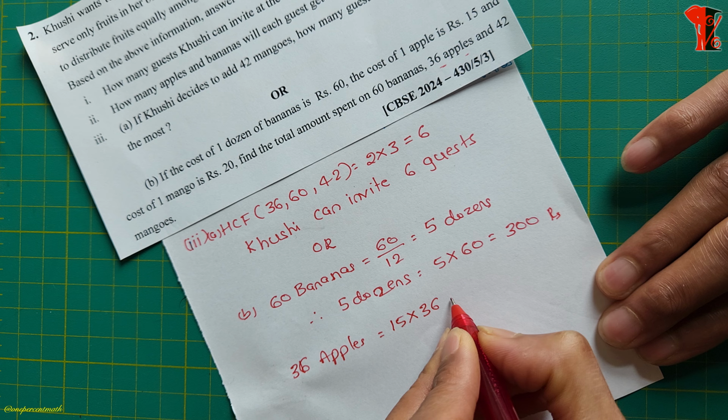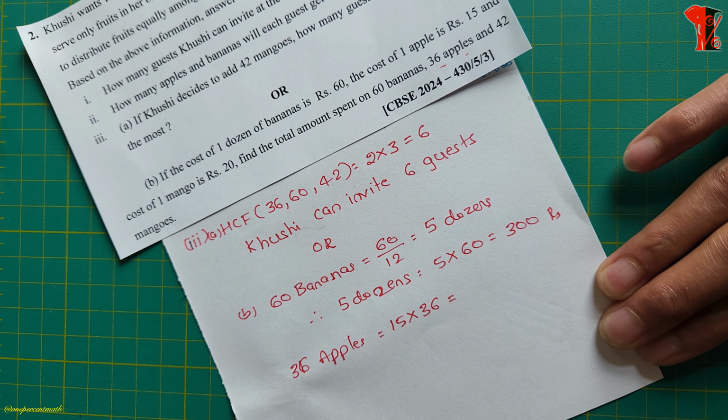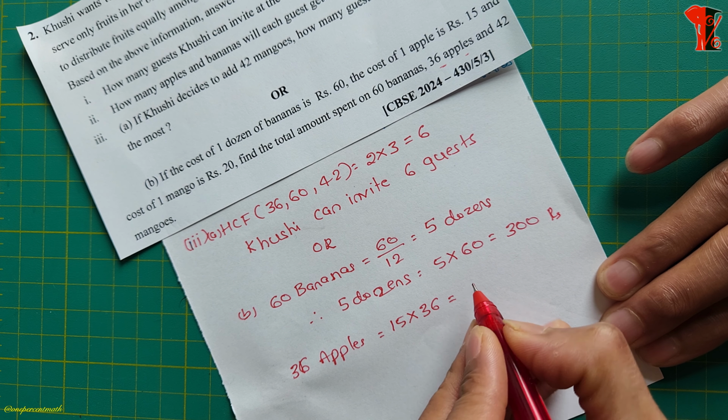Now next, one apple is 15 rupees, correct? So how many apples are there? 36 apples. So 36 apples is equal to 15 into 36. If you multiply 15 into 36, what are you going to get? 15 6s are 90, 0 and 9 carried, 15 3s are 45, 45 plus 9 is 54.